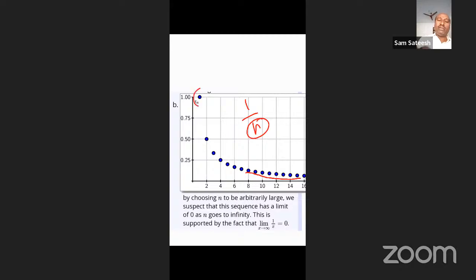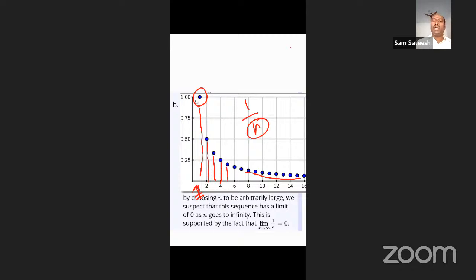Substituting n equal to 2, 1 by 2 is 0.5. And n equal to 3, 1 by 3 is 0.33. Next, n equal to 4, 1 by 4 means 0.25.